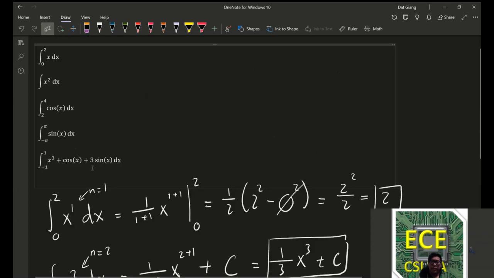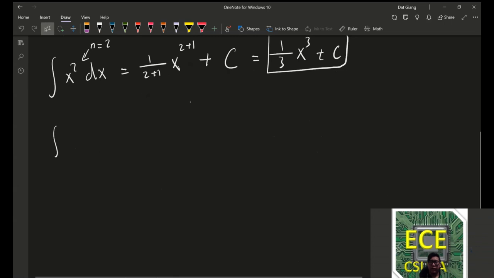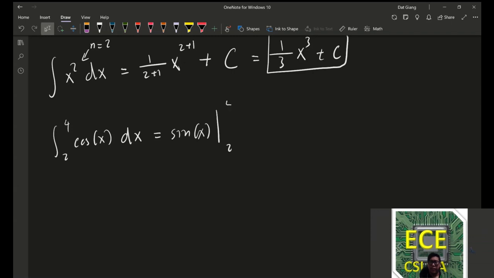From over here, we have now this problem, which states the integral from 2 to 4 of cosine of x dx. Over here, using the property, we can undo this cosine by noting that it's simply sine of x, evaluated from 2 to 4.